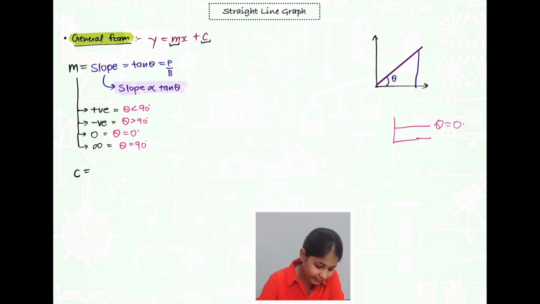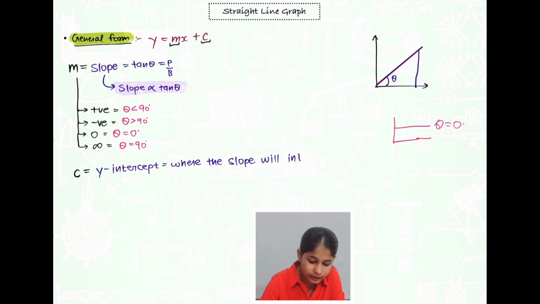Then we are going to talk about this C. What is C here? This C is y-intercept. Now what is y-intercept here? Let me tell you, it is where the slope will intersect the y-axis.